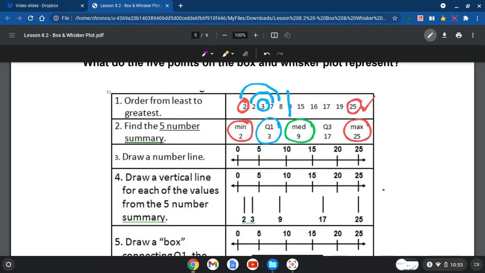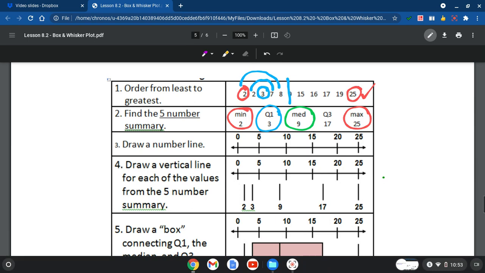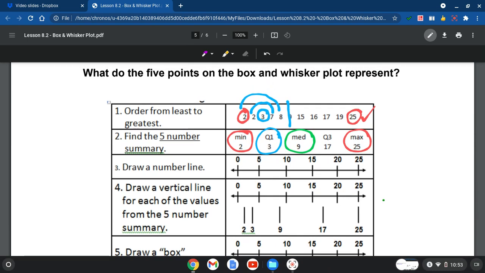And then your upper quartile, or your upper half, the third quartile, would be 17.